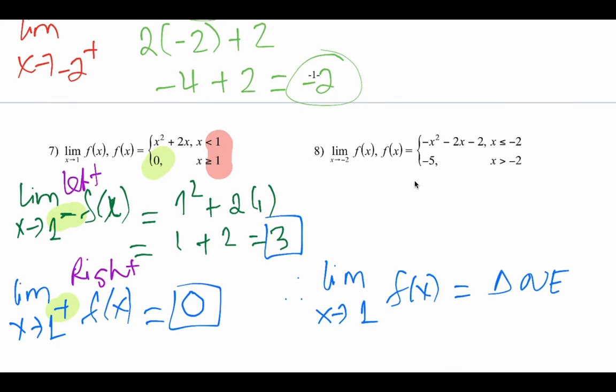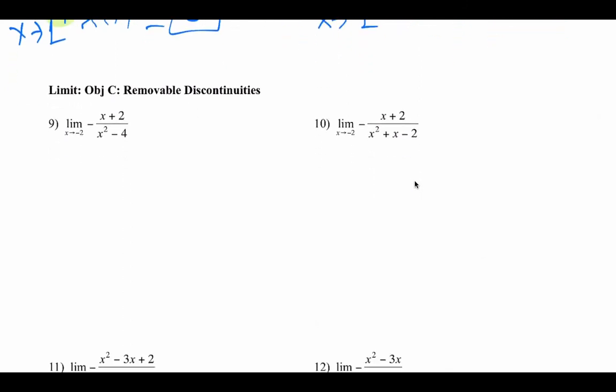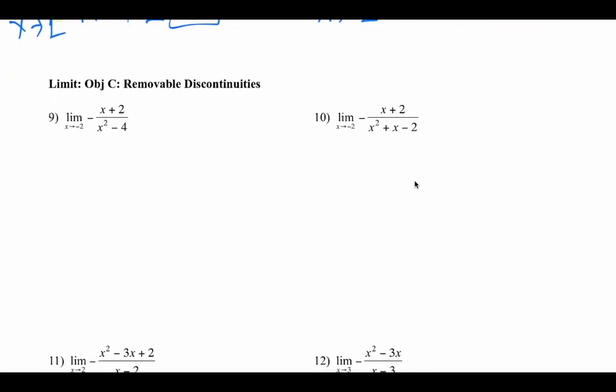All right, piecewise functions. And then this is the third one that I want you to know for the limit. It's called removable discontinuities. For this one, you have to factor out the expression and then cancel something.